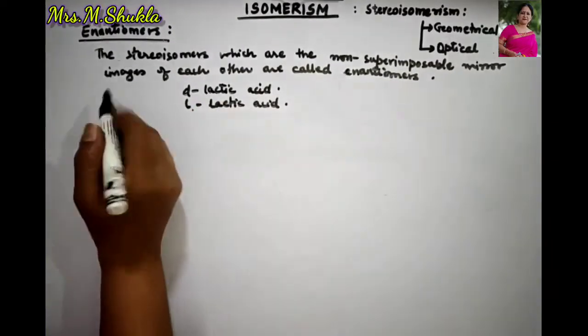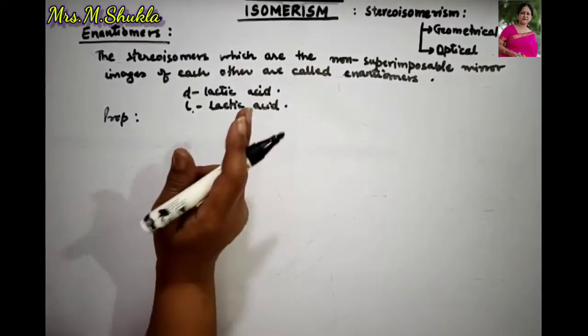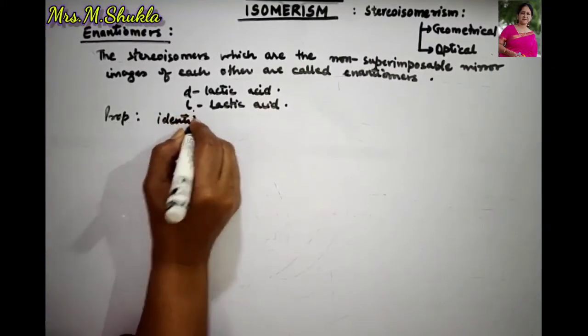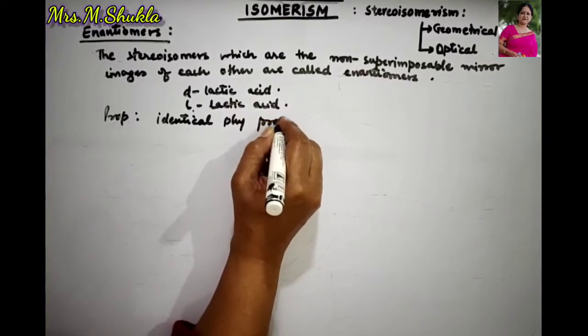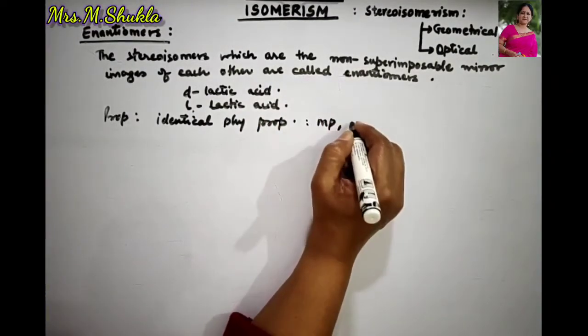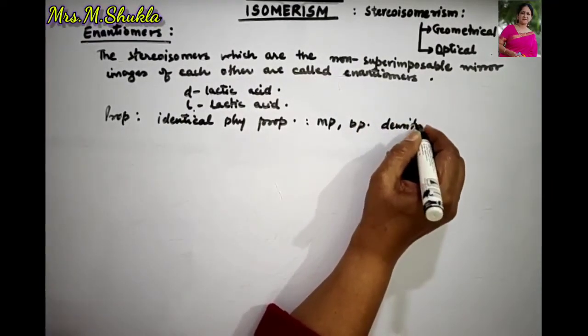Now, about the properties of enantiomers: as I told you, they have identical physical properties, like the same melting point, boiling point, density, and so on.